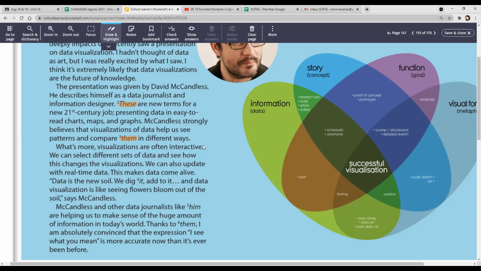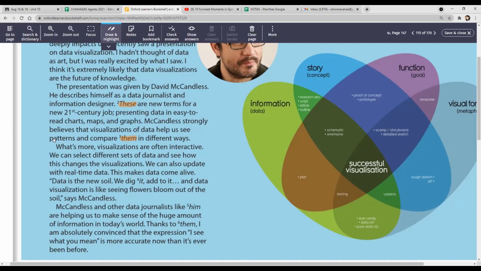No. So I don't know. Look at the sentence. He strongly believes that visualizations of data help us see patterns and compare them in different ways. So compare what? Red chart, maps, and graphs.